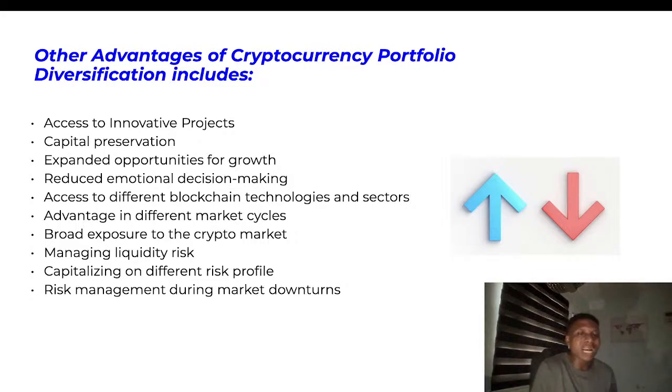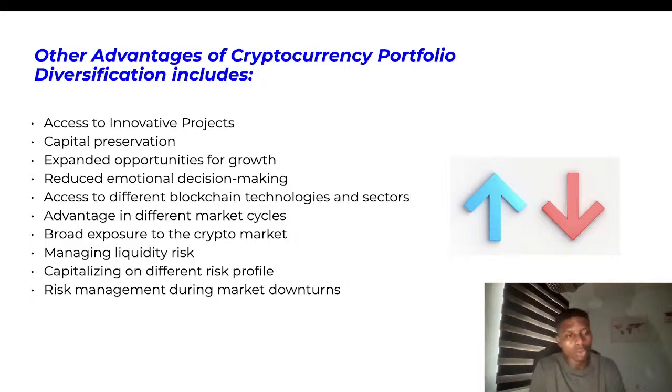Also, it gives you capital preservation, where you don't put all your eggs in one basket and end up losing all. You are able to put your eggs in different baskets and save one portfolio from the risk of the other. Another advantage is the expansion of opportunities for growth.